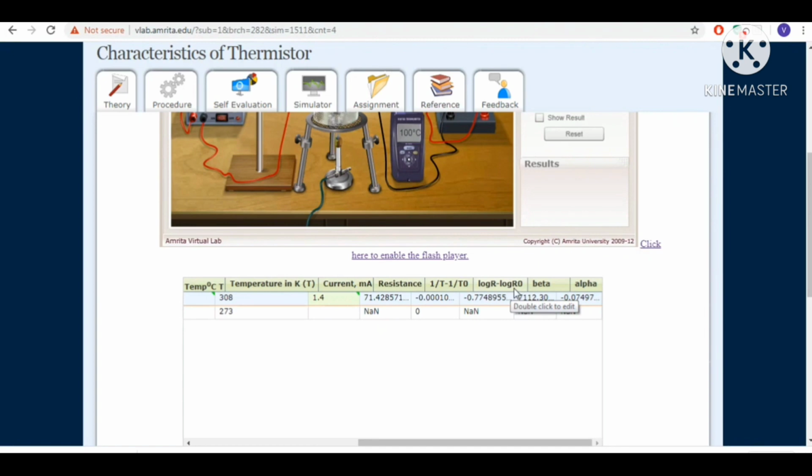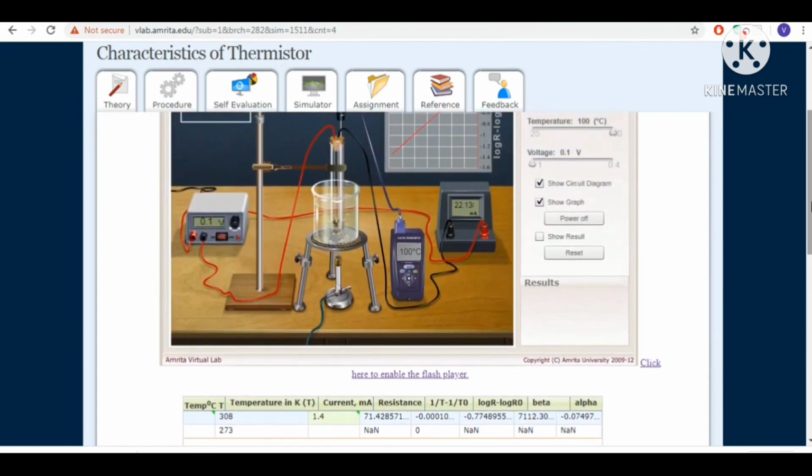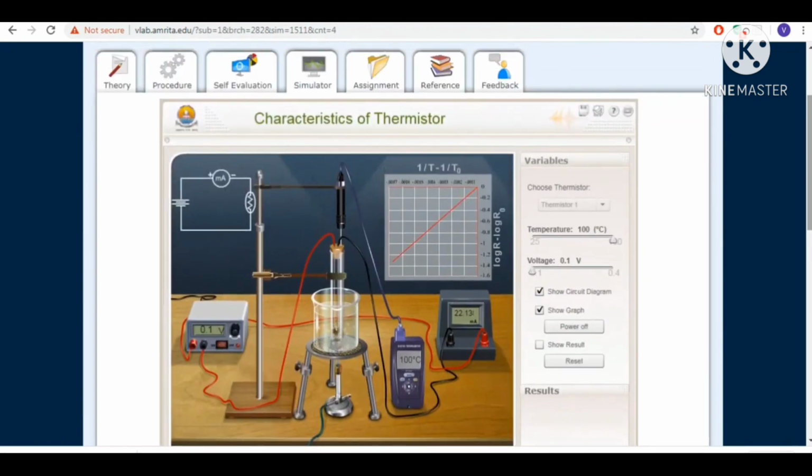Then for all the other corresponding temperatures, they will be T, and whatever resistance you calculate will be your R. Like this you calculate, and you can see here this is alpha, which is your temperature coefficient, and the negative value shows that the thermistor we selected is a negative temperature coefficient resistor. So I hope this is useful to you.